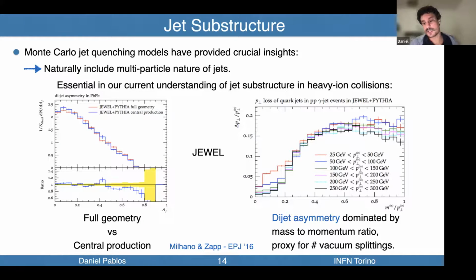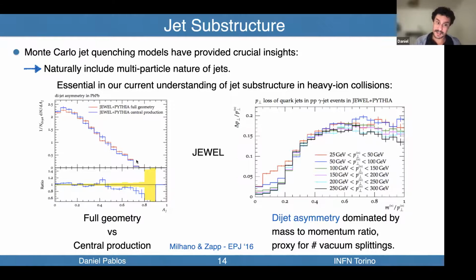Since they use parton showers, whenever they look at the features of jet energy loss, they move away from the notion of having a single particle object that propagates through the medium. It's natural to include these particles because they feature a high energy, high virtuality evolution that is determined from the DGLAP evolution.